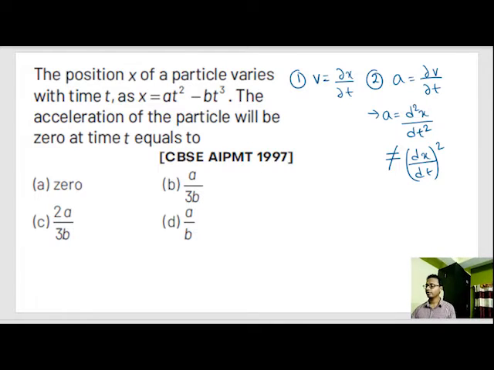Or it can be simply written as d by dt, differentiating again dx by dt. In some books, where you face a lot of differentiation, acceleration can be represented as a double dash or double dot. That means x or position is differentiated with respect to time 2 times.